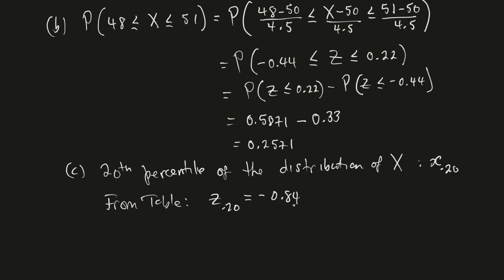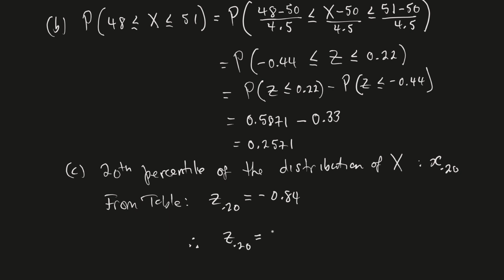That's fine, but we don't want the 20th percentile of the z distribution. We want the 20th percentile of the x distribution. So we can use the same process that we use to convert an x to a z, and convert a z back to an x. Let me write down the equation that we will use.